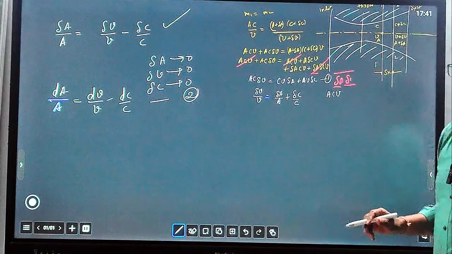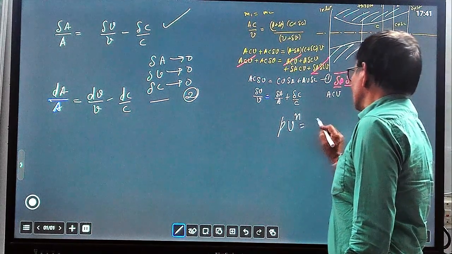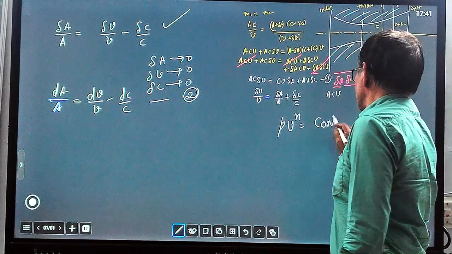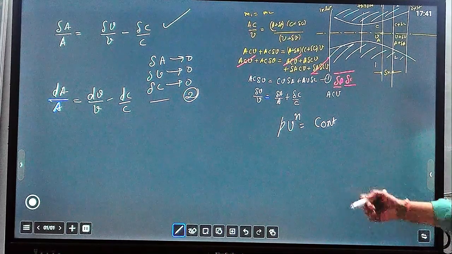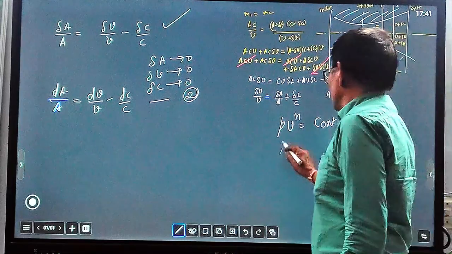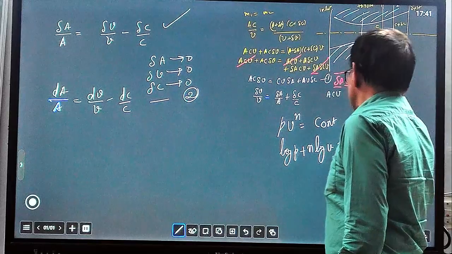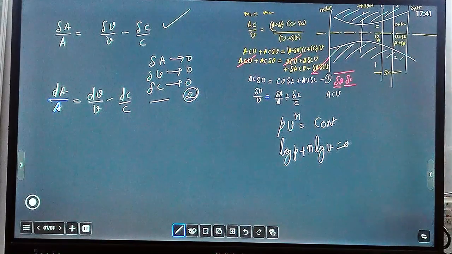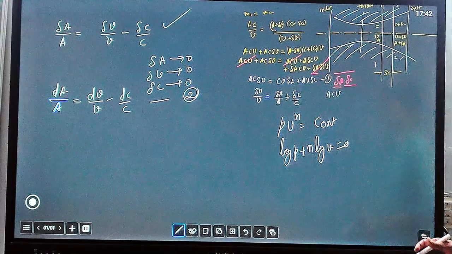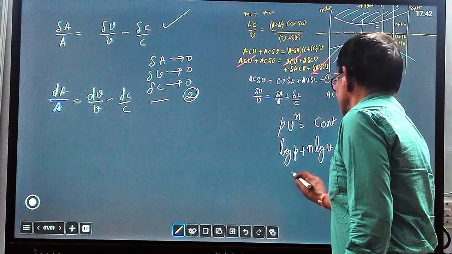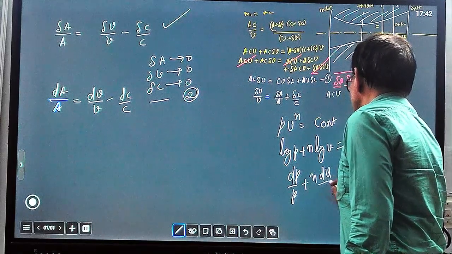And we know one thing, that this flow is isentropic. For the steam, we can write that PV to the power n equals constant, as we have already derived. Taking log of this equation, we get log P plus n into log V equal to constant, and taking the differential, we get dP by P plus n dV by V equals 0.